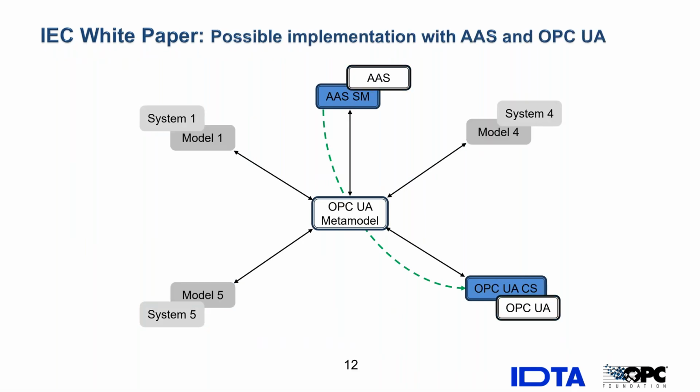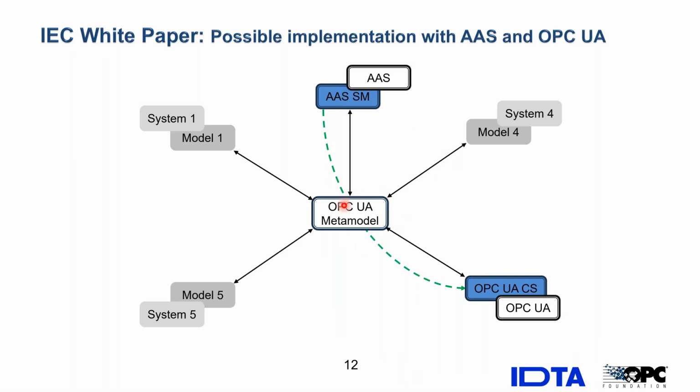And so in our POC and also in the joint working group, we decided to use that implementation here. So on one side, we have the AAS with their AAS submodels, and we translate them to an OPC UA meta model. And the reasons for that I will explain later.